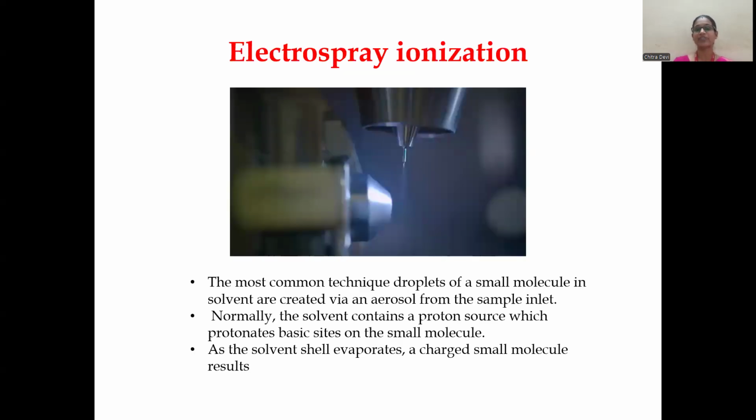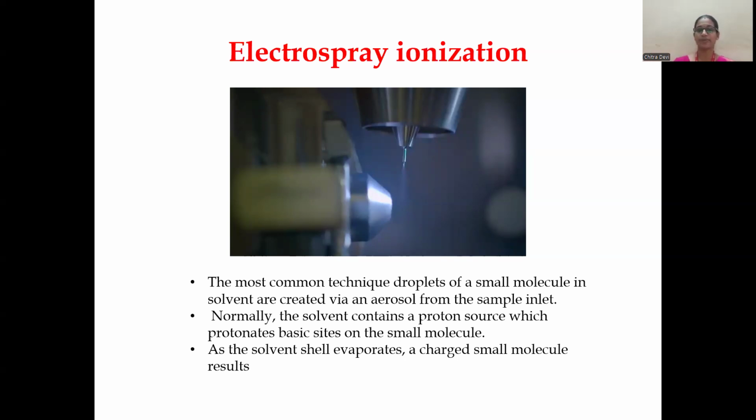The next technique, the last technique, is electrospray ionization. Here you can see different small droplets of your molecule or solvent, like an aerosol particle. Your sample will be injected here.